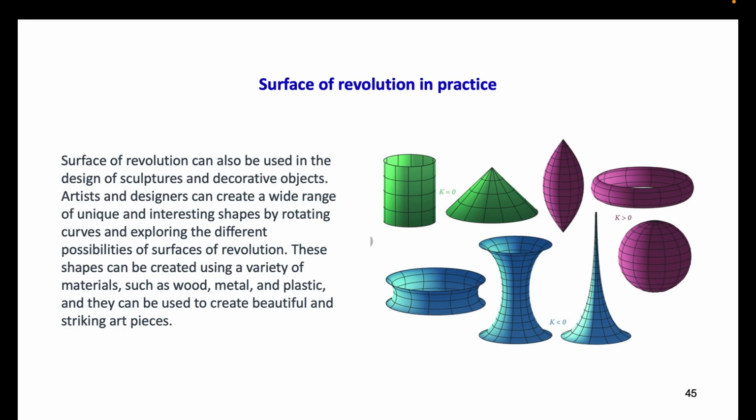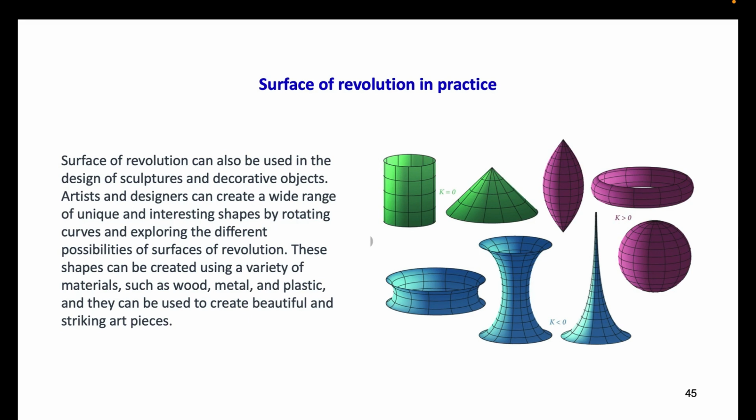The surface of revolution can also be used in the design of sculptures and decorative objects. So most things we see that have rotational symmetry, all the decorative items, the sculptures, everything, are examples of surface of revolution.